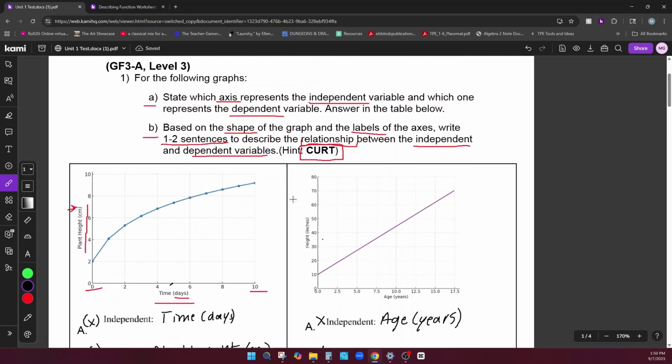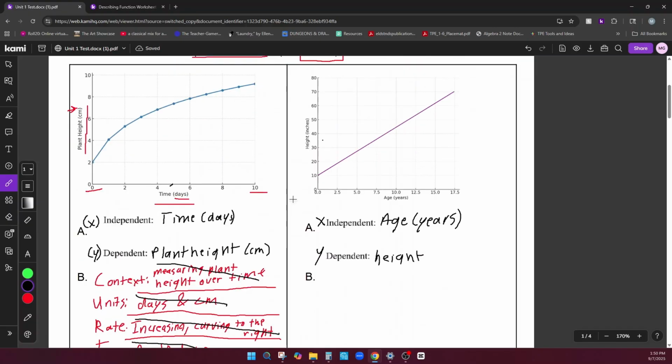Now let's look at our next graph, part B, our second graph. So once again, we have context, unit, rate, and time. Our context is going to be height over the years. Our units are going to be inches and years.